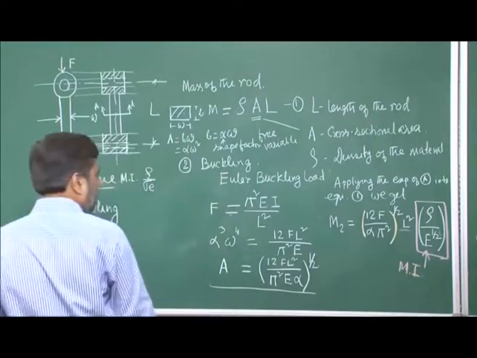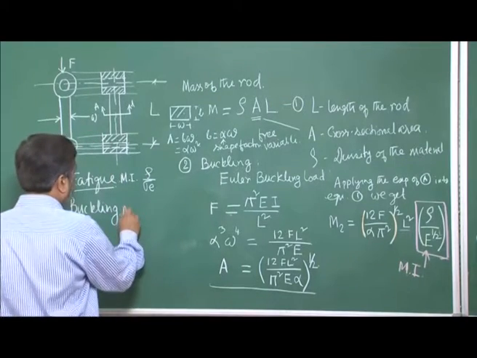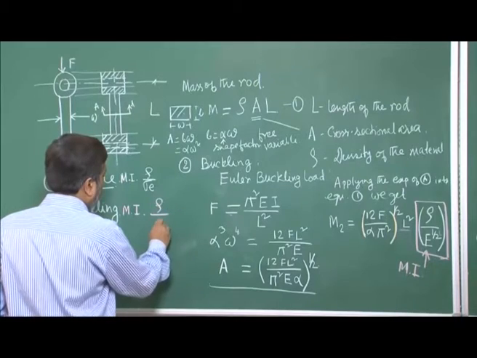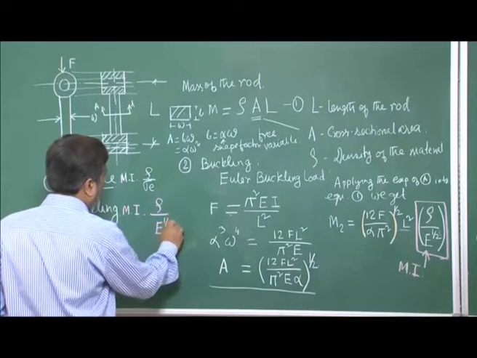So we can write that the material index that we are getting is rho over E to the power half.